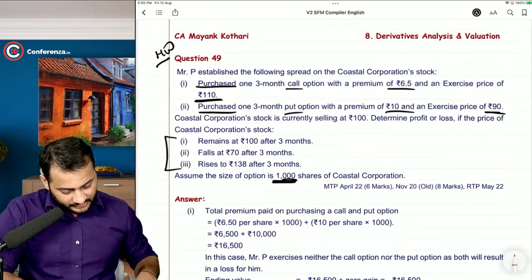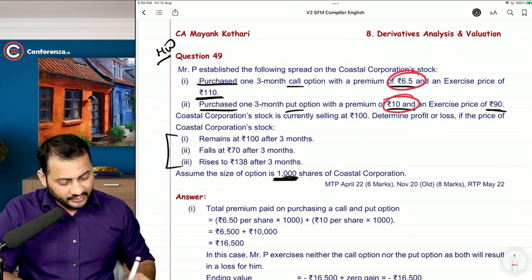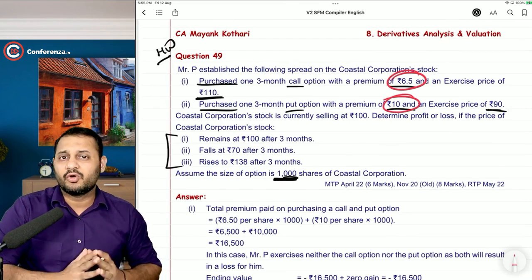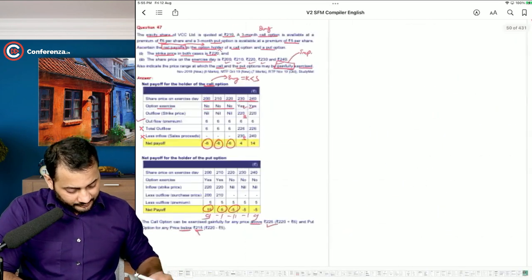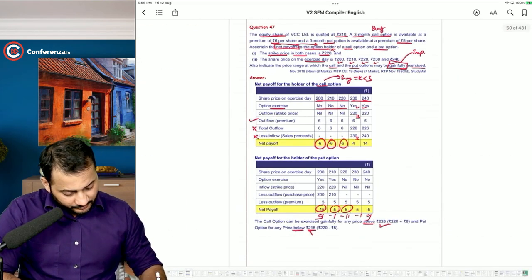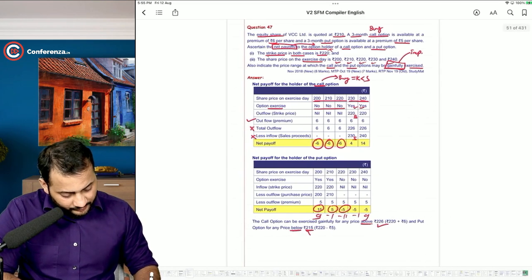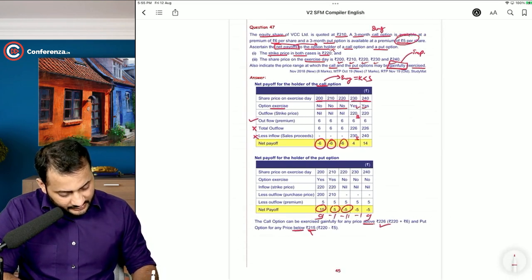In the question before that, the 6.5 and 10 rupees, which were the premiums of the call and put options, were the value of the option. In the question before that, the premium of the option was 5 rupees and 6 rupees.